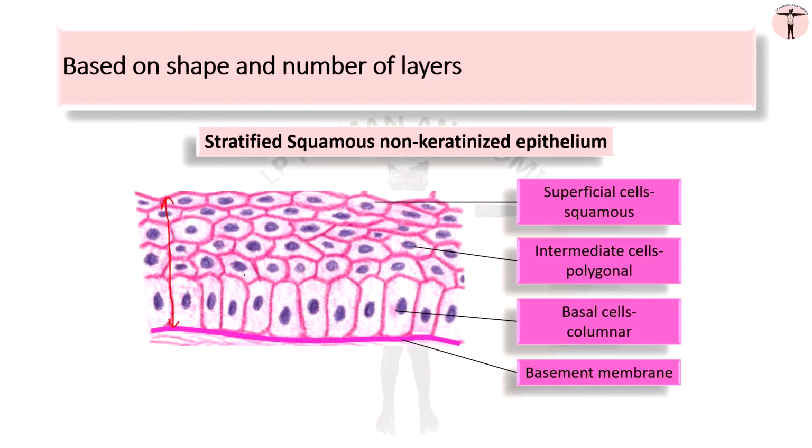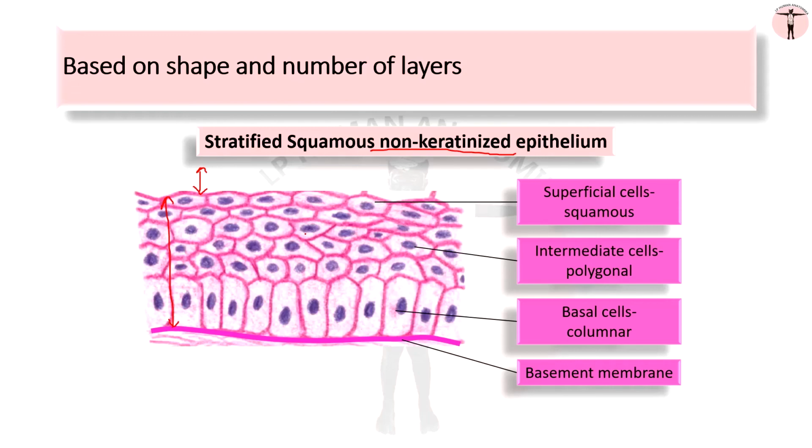And the other difference is the absence of the surface layer, the keratin layer. So the keratin layer is absent in the stratified squamous non-keratinized epithelium. That is why it is called non-keratinized, because of the absence of the keratinized layer.